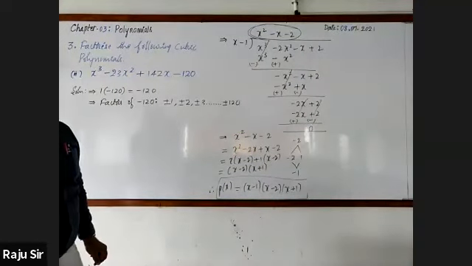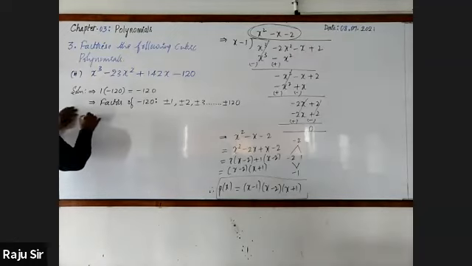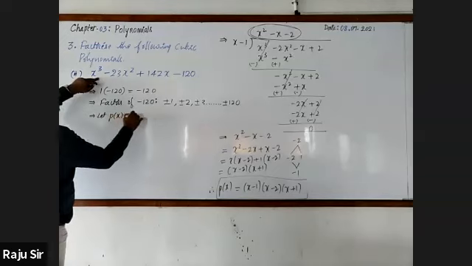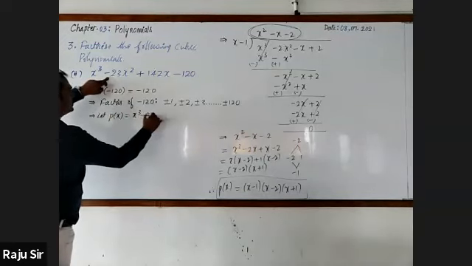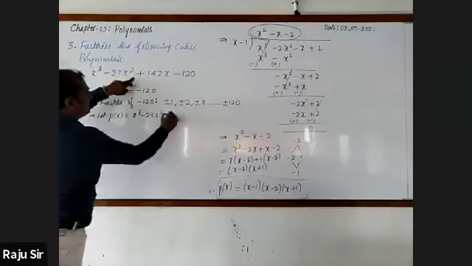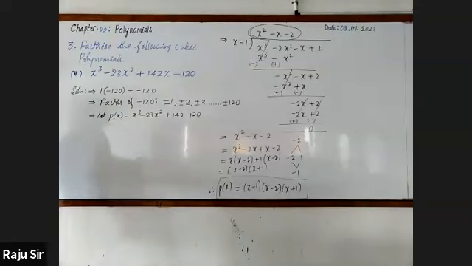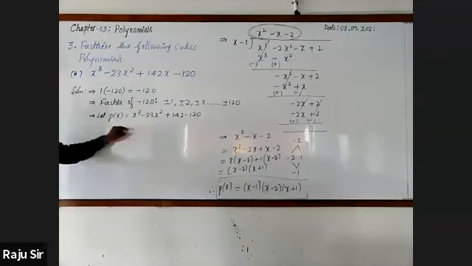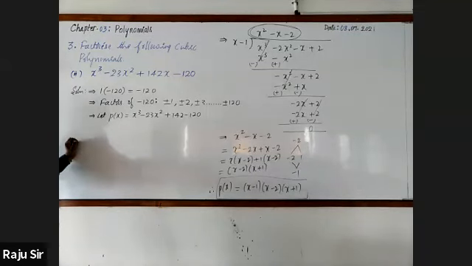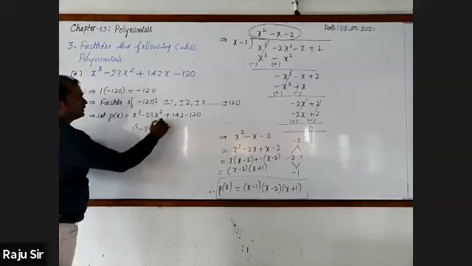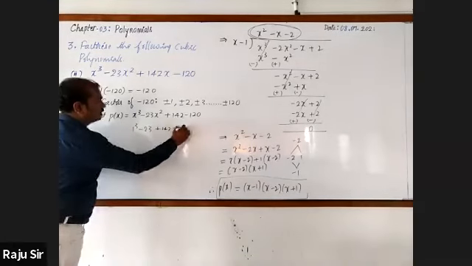Just let's find out only one zero. Right. Let P of x is equal to x cube minus 23 x square plus 142 x minus 120. It should be 0 for 1. Check it out. Take 1 and substitute. It is 1 cube minus 23 plus 142 minus 120.